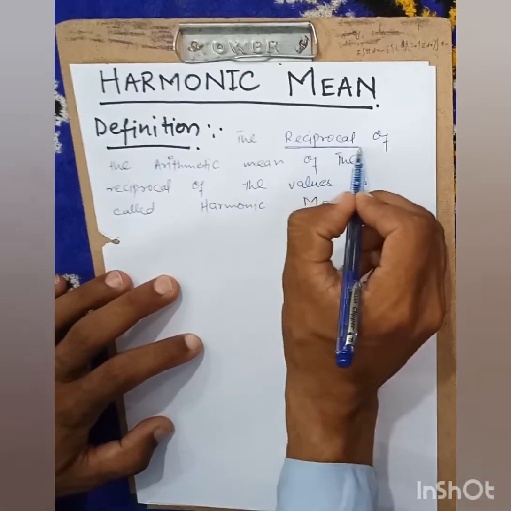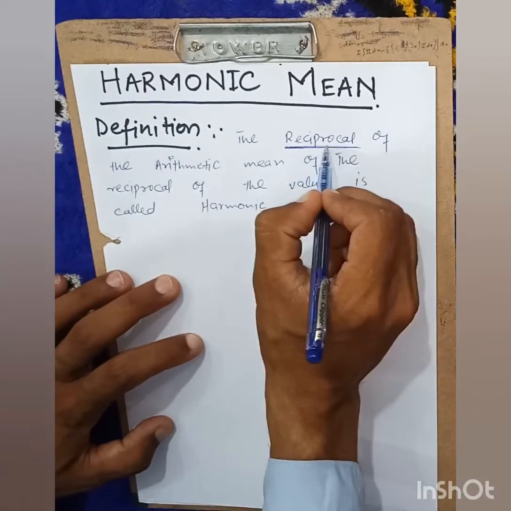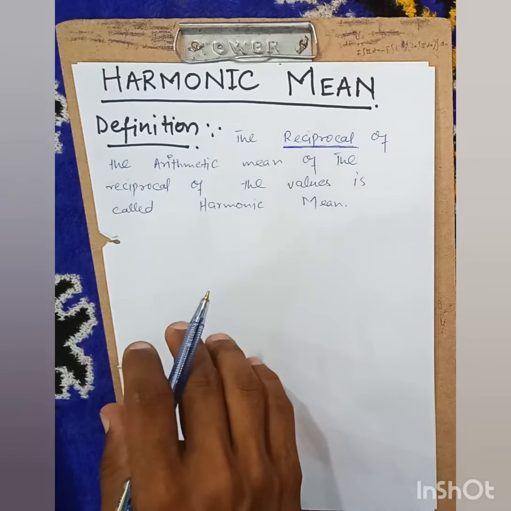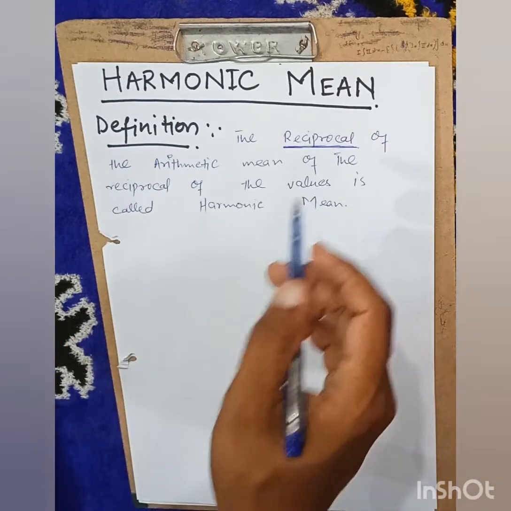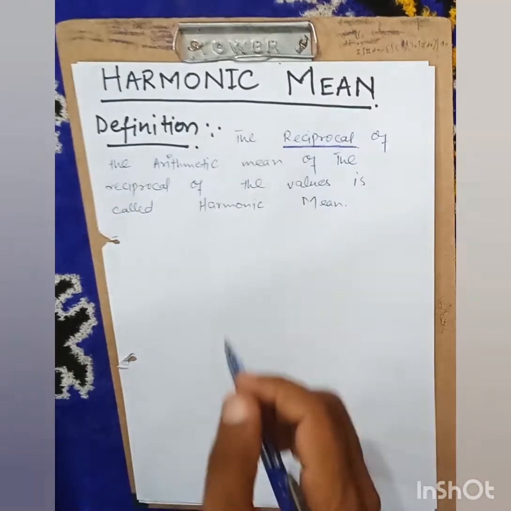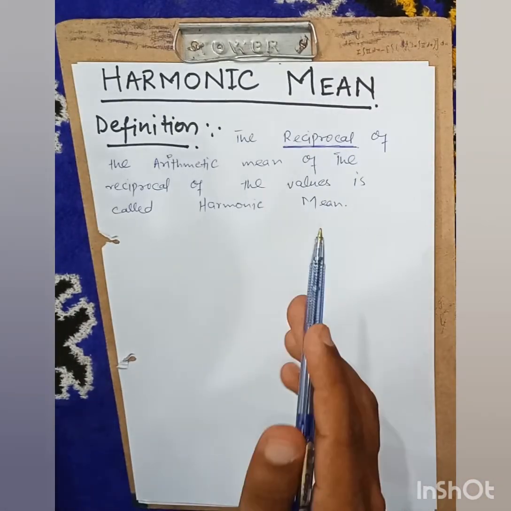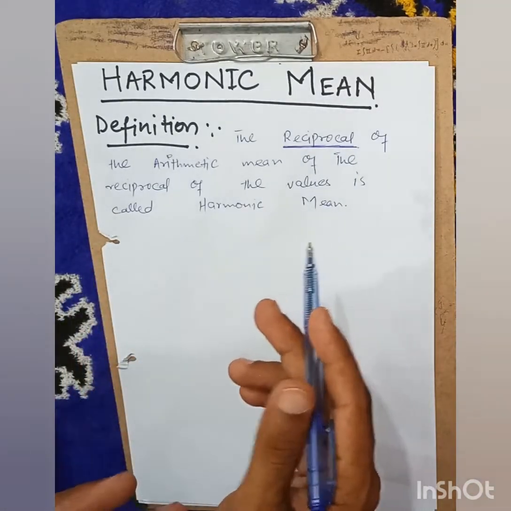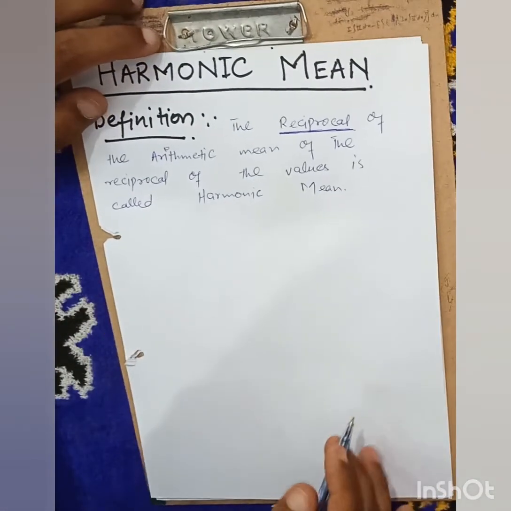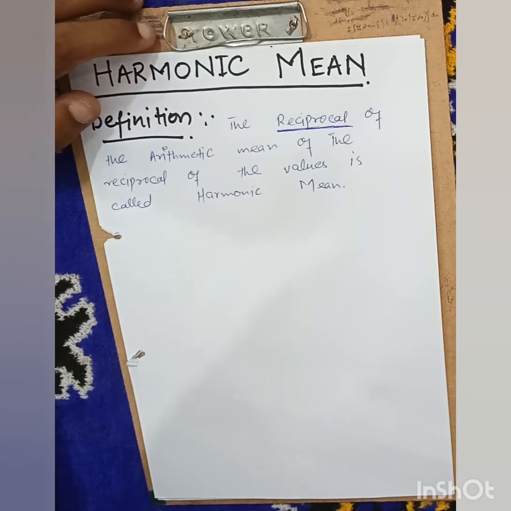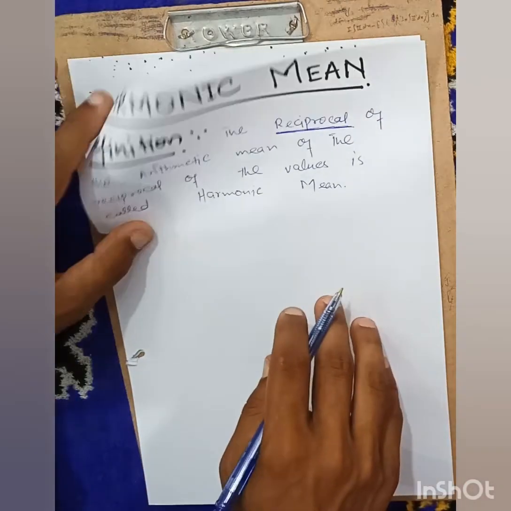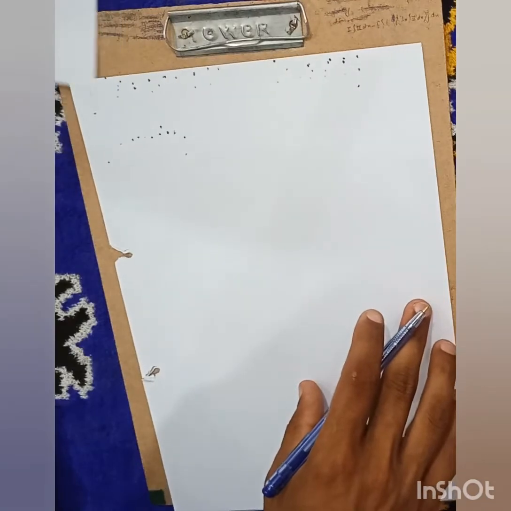First of all, we will discuss the word reciprocal, what a reciprocal is. So we will take one to two minutes to understand what reciprocal is. If we have a number in p by q form, let's suppose we are writing on the next page.